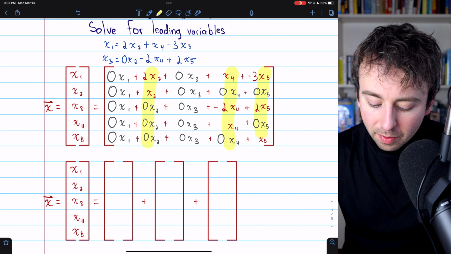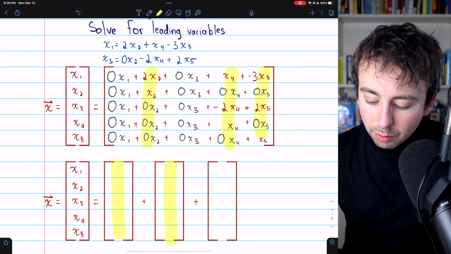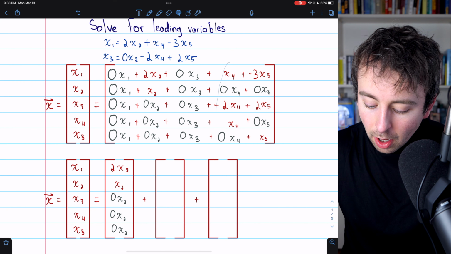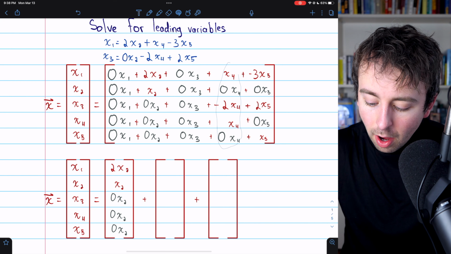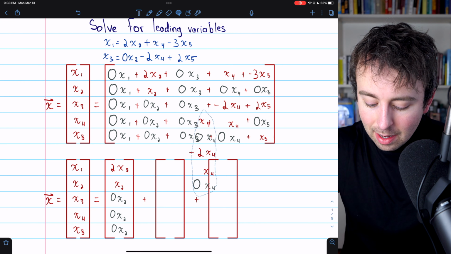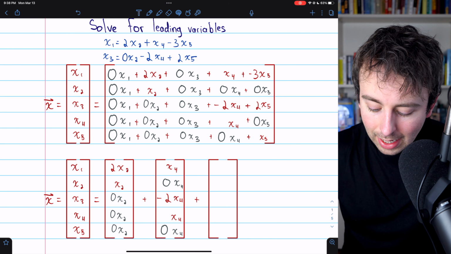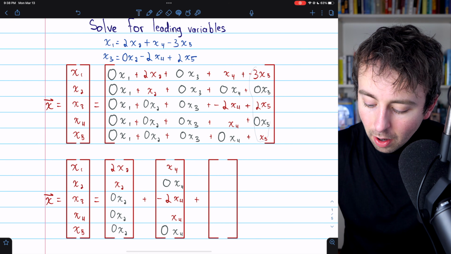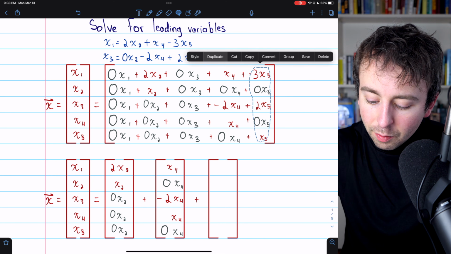So we'll have a column for the x2s, a column for the x4s, and a column for the x5s. And we can just do some copy and pasting here. The first column vector is representing the information about the x2s, and then the second column vector will have all the x4s, and then the third column vector will have all of the x5s.